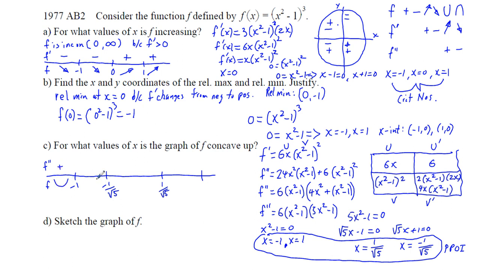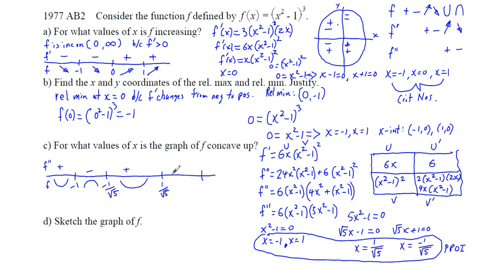Okay. And then between -1 and -1 over square root of 5, we're going to have a sign change. So we're going to be concave down. And then if we plug in 0, we're going to get a negative times a negative, or concave up.